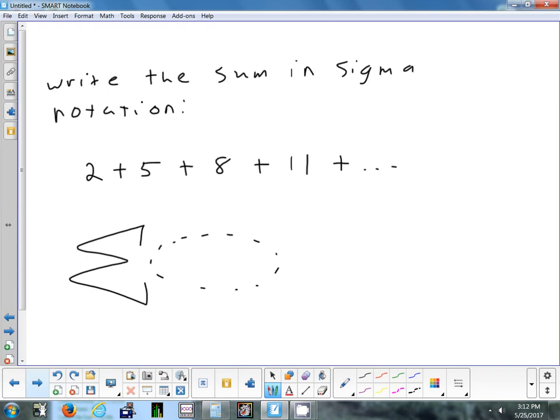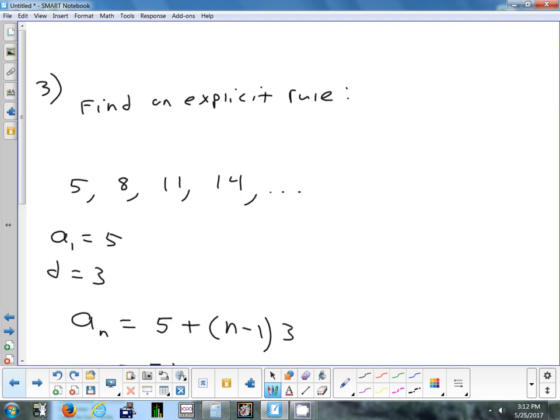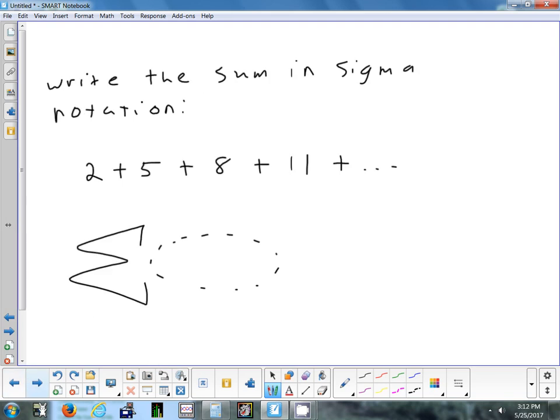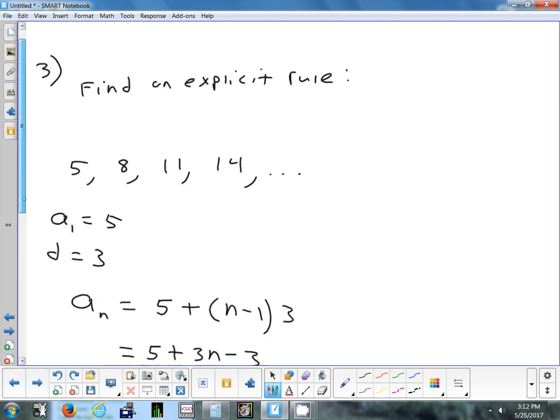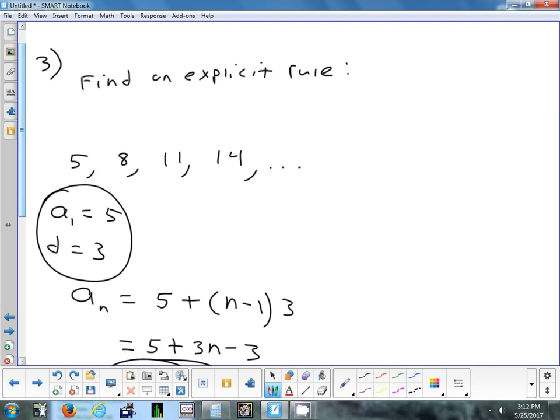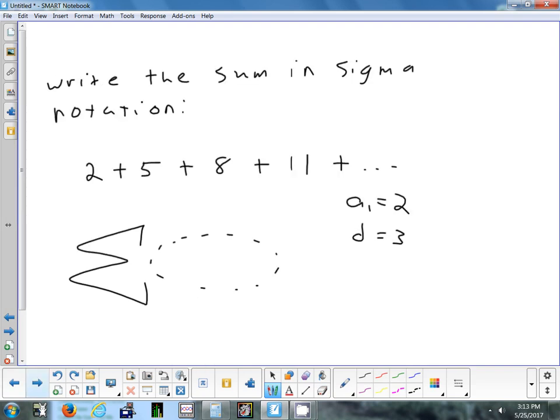And if you look back at the example we had here, you need to know the first term and the common difference. So what's your first term? 2. And the common difference? 3. And plugging those numbers in exactly the way we just did right here, what would be your formula?